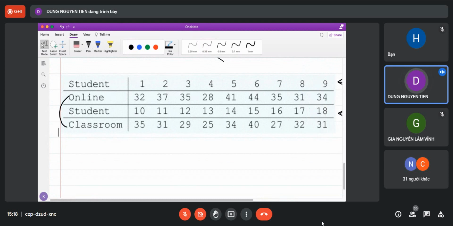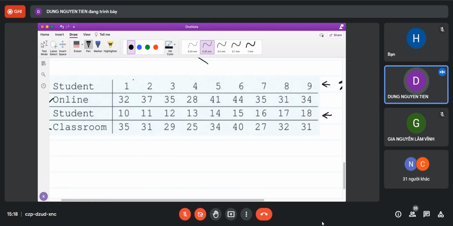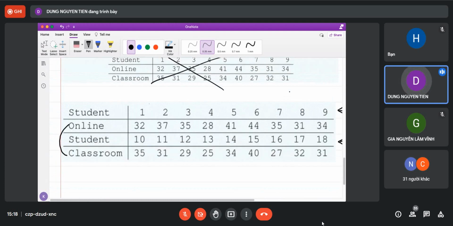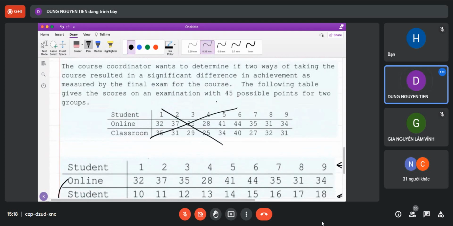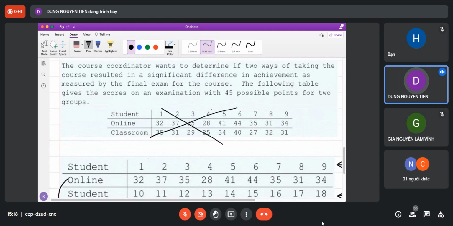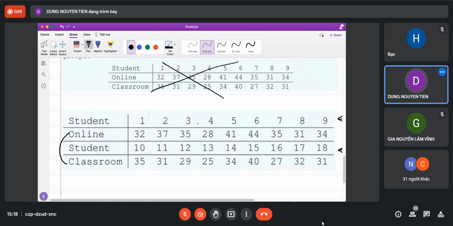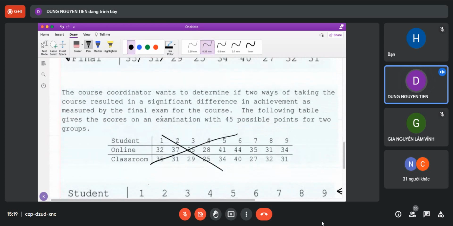But the type of taking the course or taking the exam may not be the main factor. Maybe the ability of the students is the main factor, and you cannot take care of that. Understand? So the dependent samples design is good to get rid of the confounding variable, but you cannot always use that.